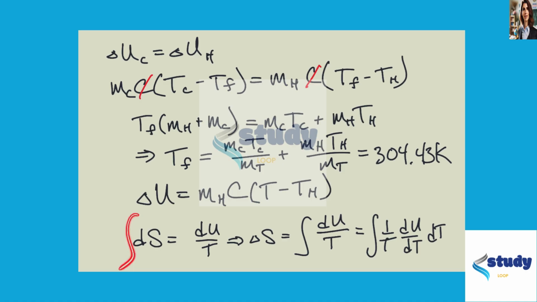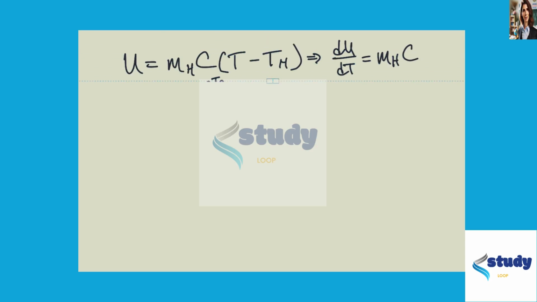If we integrate this, we get the change in entropy equals the integral of the differential of the internal energy divided by T, and we can write that as the integral of 1 over the temperature times the derivative of the internal energy with respect to the temperature times dT. So we get an integral in terms of temperature, in terms of dT.